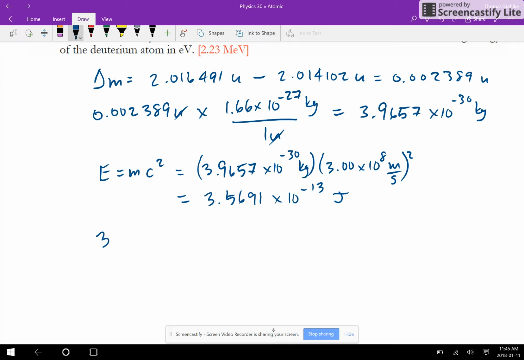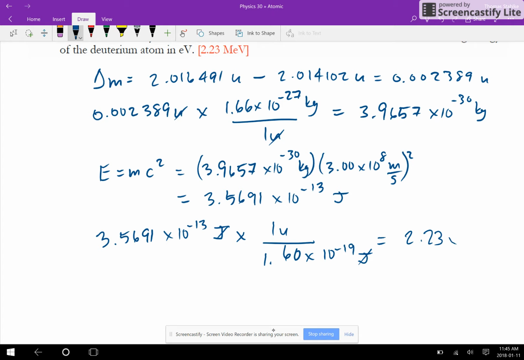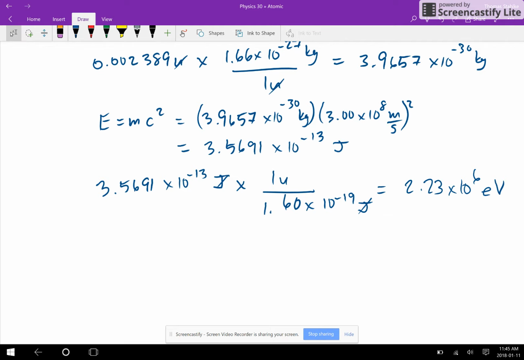So let's take this value in joules, and we'll change it using 1 electron volt is 1.60 times 10 to the negative 19 joules. So joules cancel, and we get 2.23 times 10 to the 6 electron volts. Well, that just means mega electron volts. So 2.23 mega electron volts. And that's our equivalent energy.